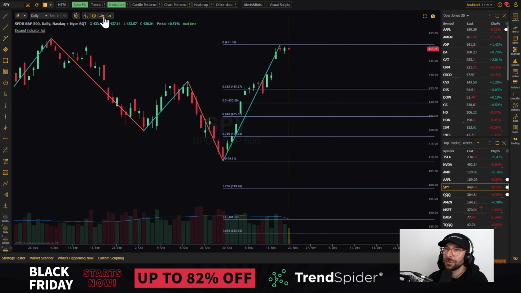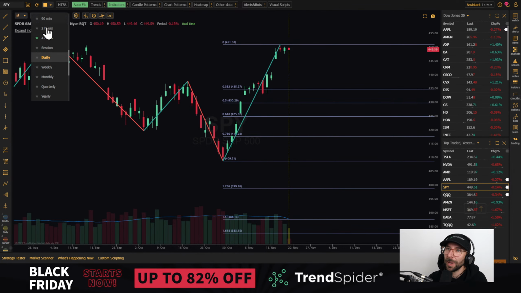So the first thing I would do is update your chart. If you're not seeing those auto fibs where you're expecting to see them, update your chart using this refresh icon. However, that does not always mean that it's going to jump to the current swing. If this swing isn't complete, then there's a chance that it might not jump there.